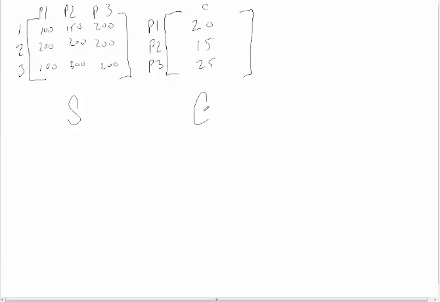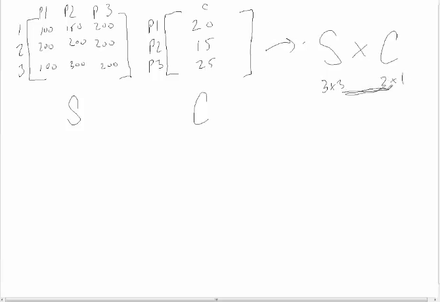And then we've got a cost matrix, a matrix C, which says how much each pizza costs. So pizza 1 costs $20 to make, pizza 2 costs $15 to make, 3 costs $25 to make. Let's say we want to find the product S times C. Okay, so we've got a 3 by 3 matrix and a 3 by 1 matrix.